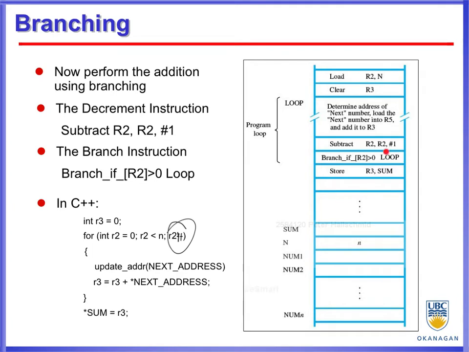No, I shouldn't say that. Because you could also increment it and check if it's less than n, right? But encoding that branch statement with n instead of 0, once you look at how those branch statements are actually executed or implemented, it makes a little more sense to do it this way, but you could do it the other way. Okay.